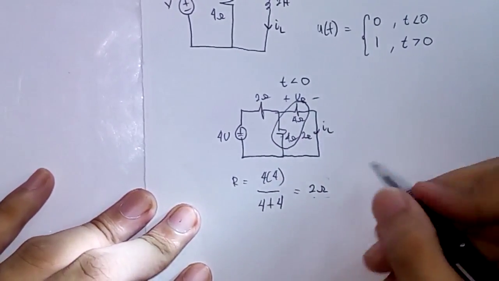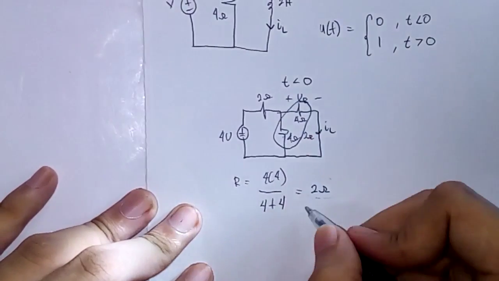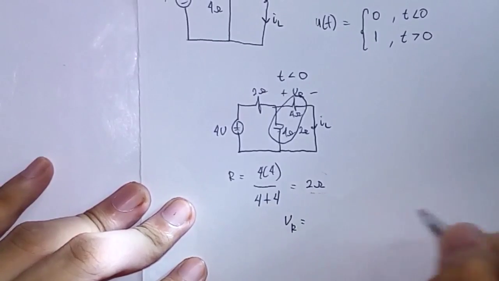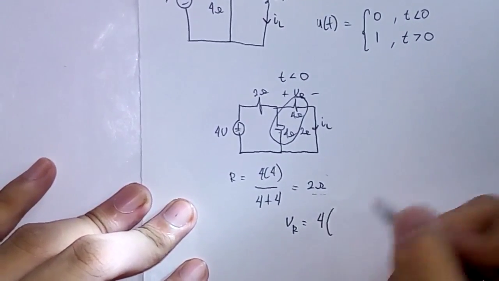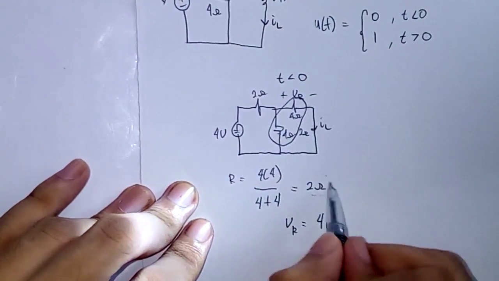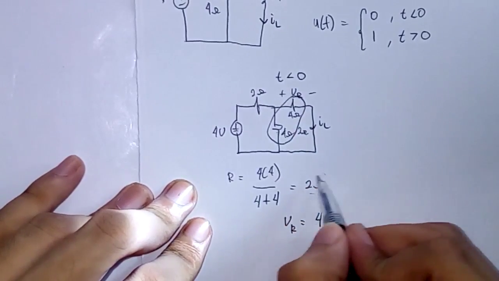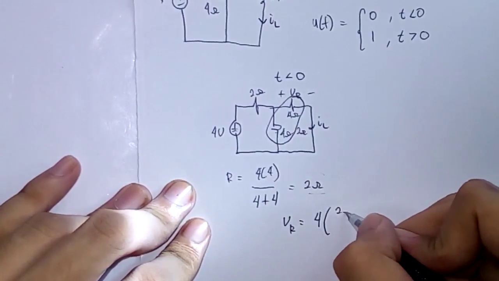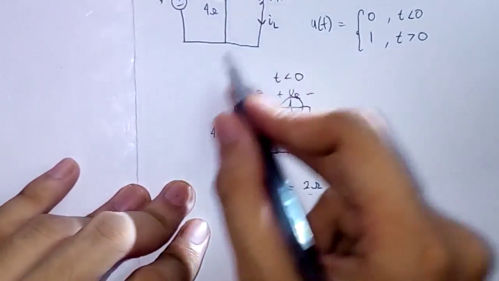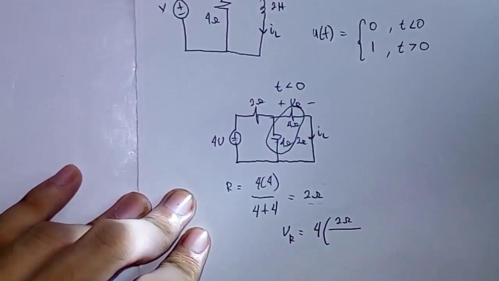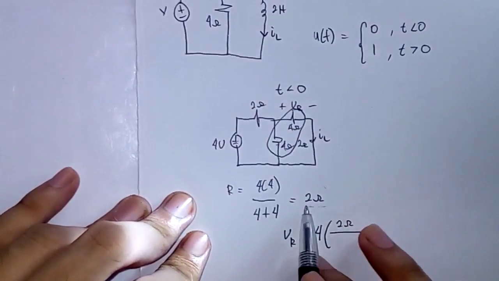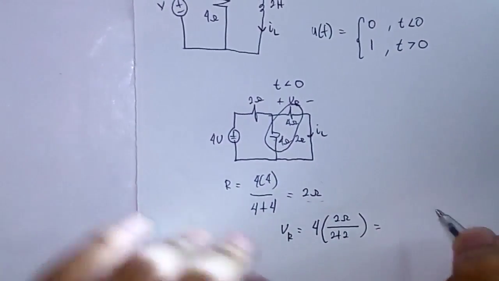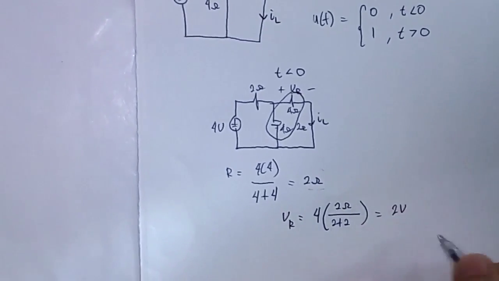So even though we combine them, they still produce the same voltage as when they were separated in parallel form. So to get the voltage VR, VR is equal to 4 times the 2 ohms over our total resistance in our circuit, which is 2 ohms plus 2 ohms, which is equal to 2 volts.